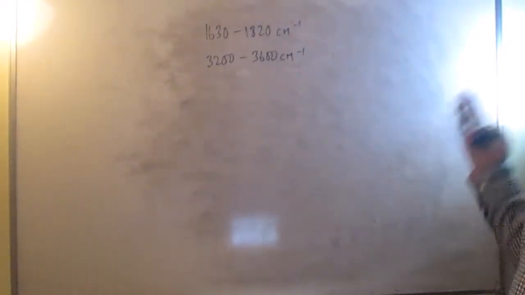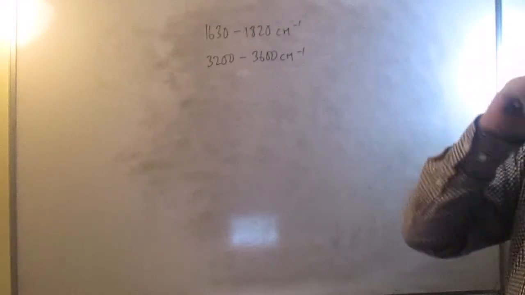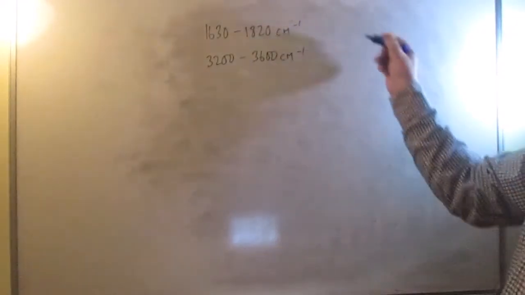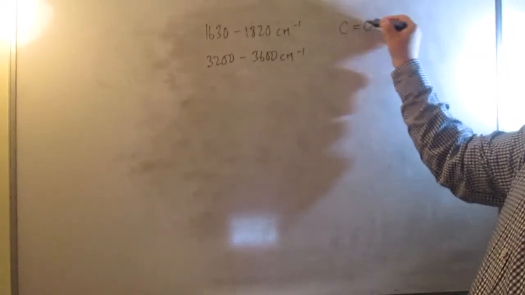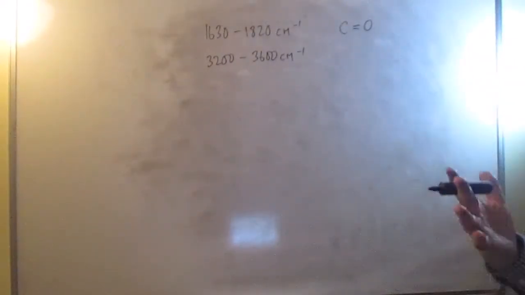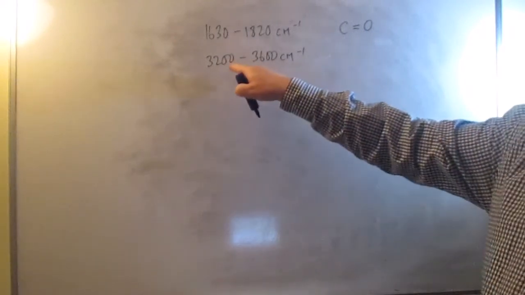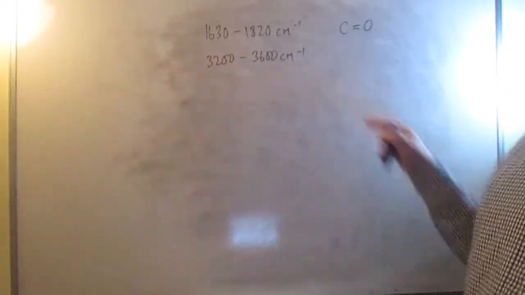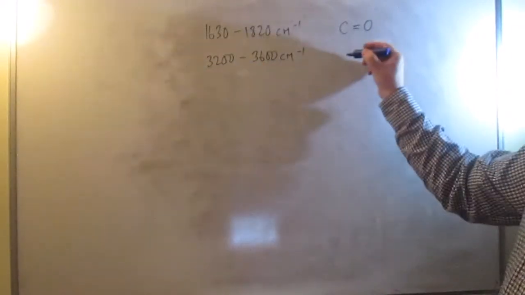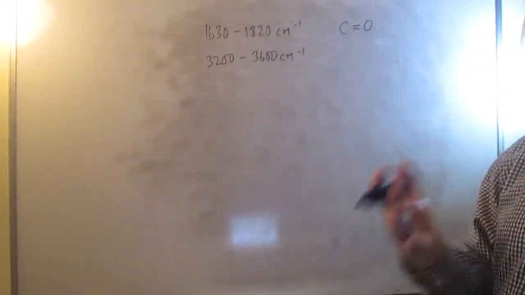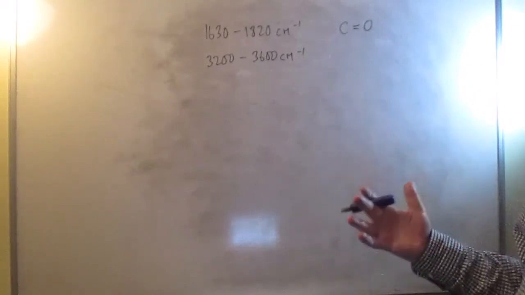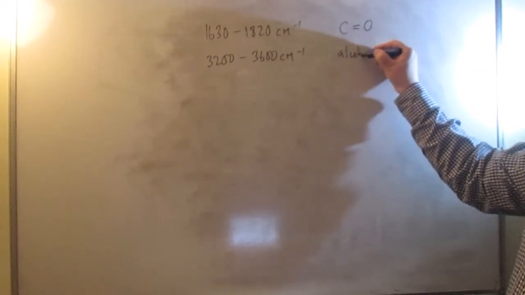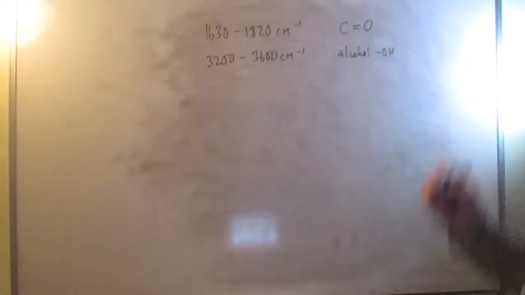Question 17 is simply a matter of looking up those ranges on your data sheet. So 1630 to 1820 tells you have a carbonyl group, C double bond O, somewhere in your molecule, and the other one, 3200 to 3600, is an OH, but remember with OHs it's not just any old OH, it can distinguish between alcohols and carboxylic acids, so that is an alcohol OH.